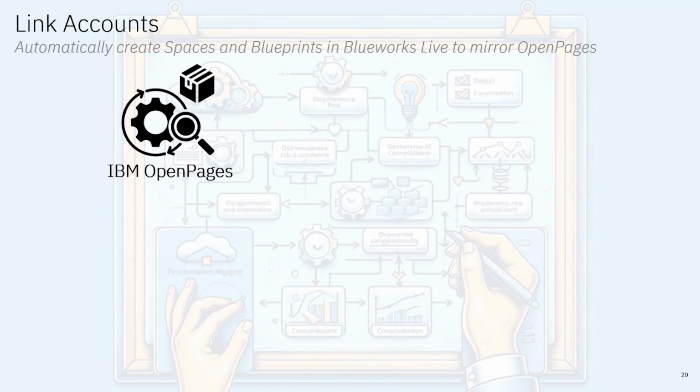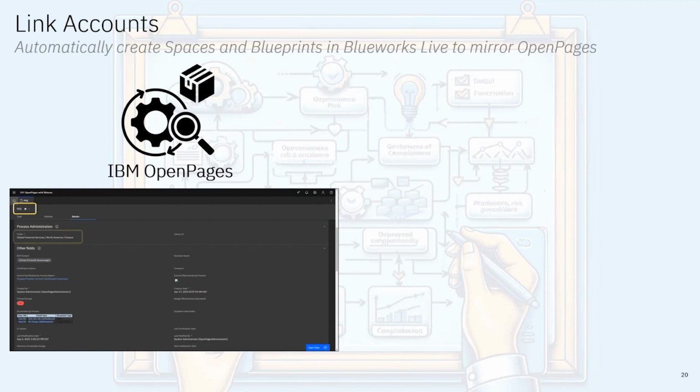We can also link the accounts together, and what I mean by this is once you've documented a process inside of Blueworks, how do I know what process that is actually going to be in OpenPages, and how do I quickly go from OpenPages into Blueworks in order to view that process in a more graphical way?